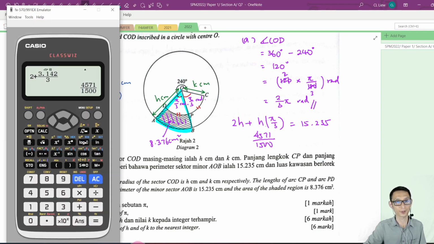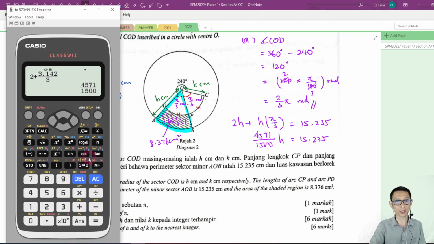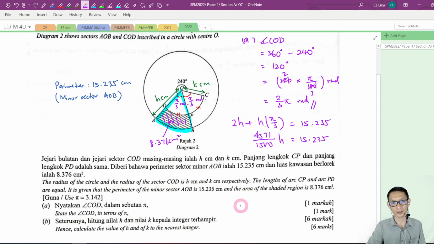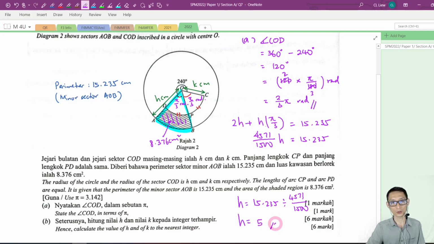Okay, don't forget to write h is equal to 15.235 divided by this whole thing. Okay, round off our answer to the nearest integer, right? So h will be equal to 5 centimeter.